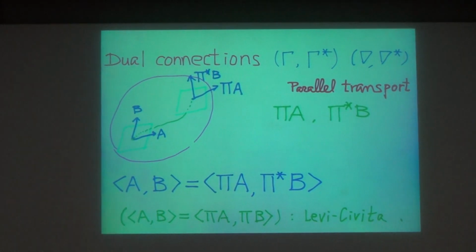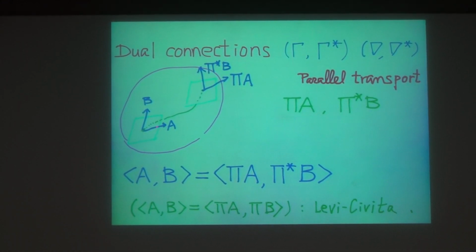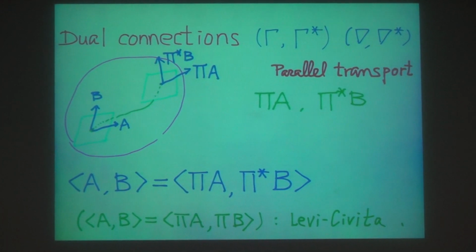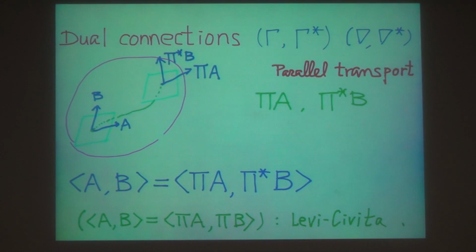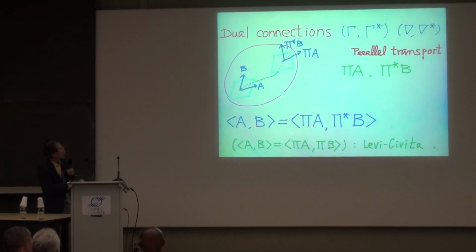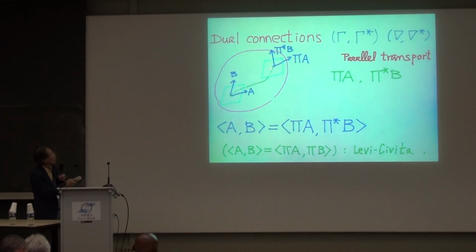We can express dual in many ways, but one simple idea is, okay, here are the two vectors A and B. Transport A parallel to here, along some curve, and transport B parallel by the other connection, then the inner product is kept by this one and this one.